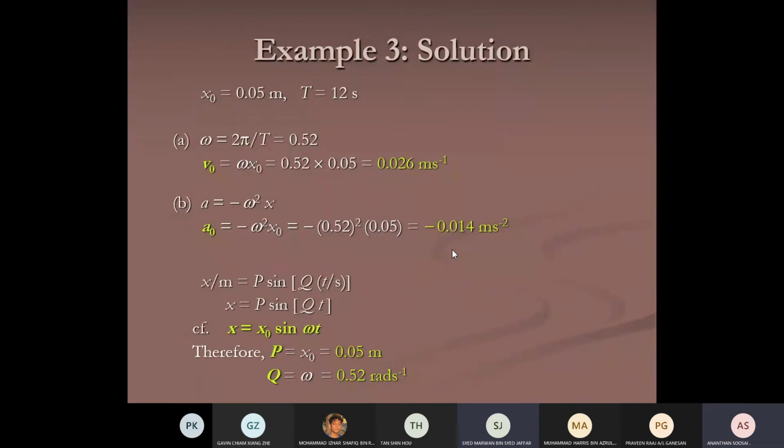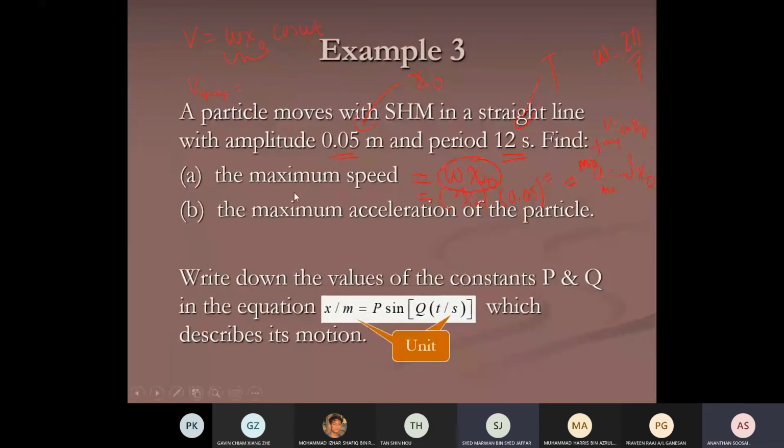So let's continue. We found maximum speed and maximum acceleration. Now look at the bottom. Write down the value of constants P and Q in the equation which describes its motion. This is the displacement formula, exactly the same as the one we derived: x equals x naught sine omega t.